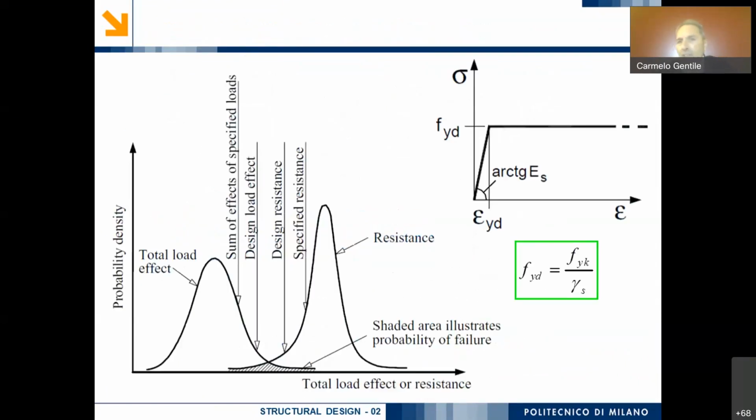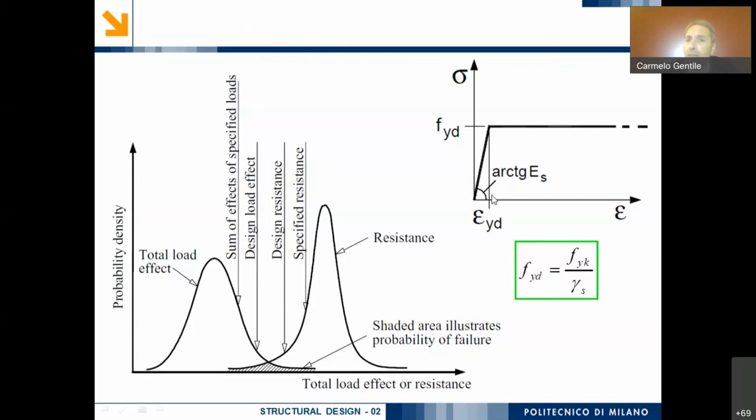And we have seen that in order to understand what happens, first of all, we have to assume a stress-strain relationship for the steel material. And we have assumed a linear behavior until the yielding. Afterwards, the stress does not increase anymore.